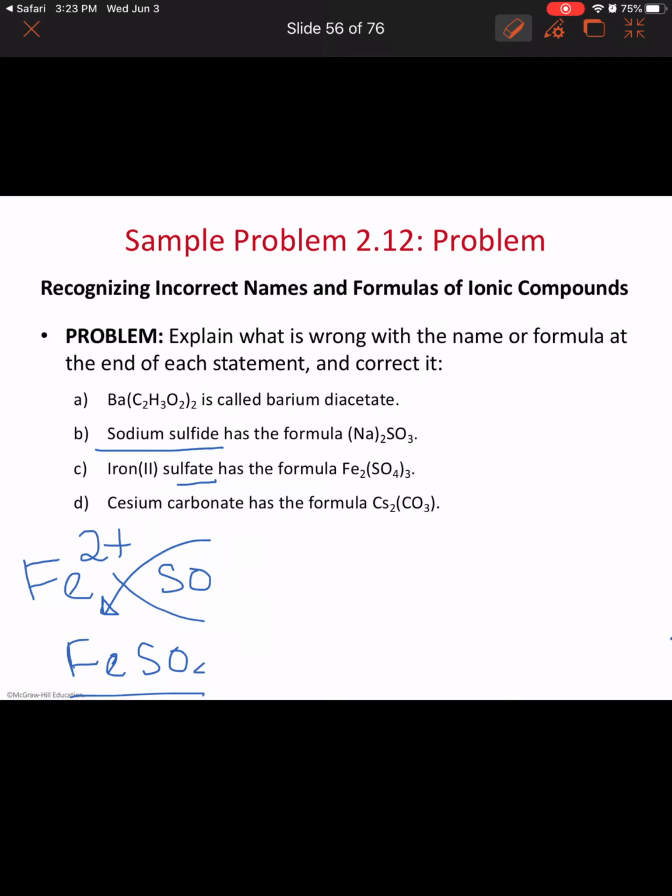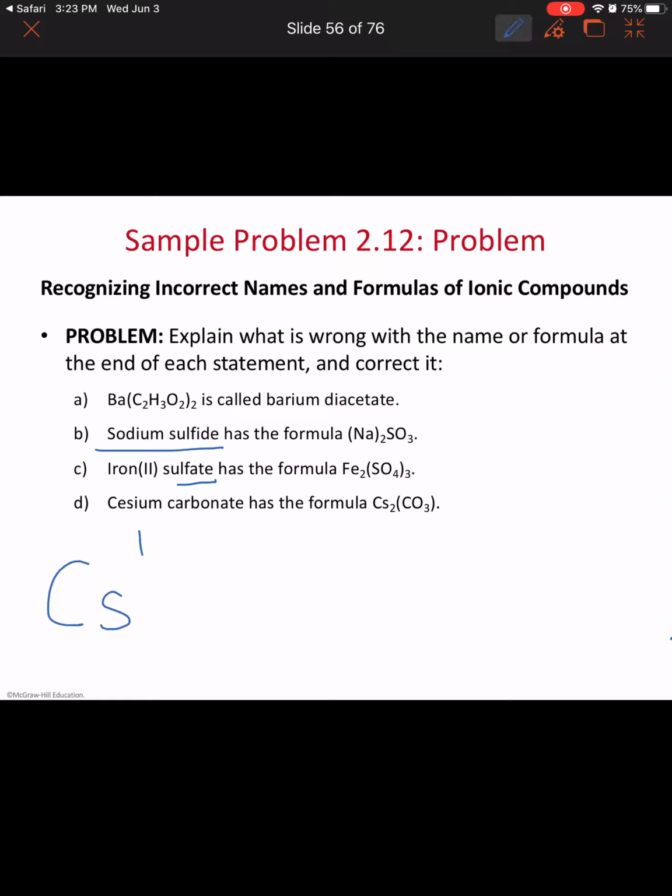Okay, so the next one, cesium carbonate has the formula Cs2(CO3). Now cesium, if you go to the periodic table, you will know cesium is in group 1 and makes +1 charge. And if you refer to the polyatomic ion charges, carbonate is CO3 and it carries -2 charge.